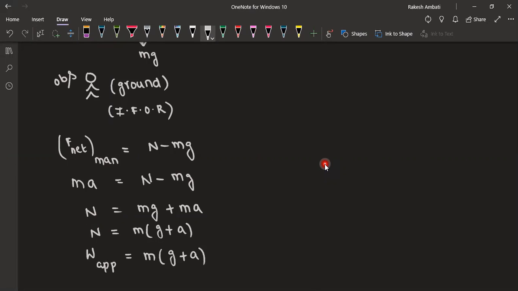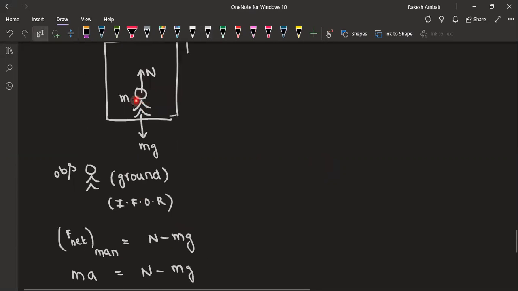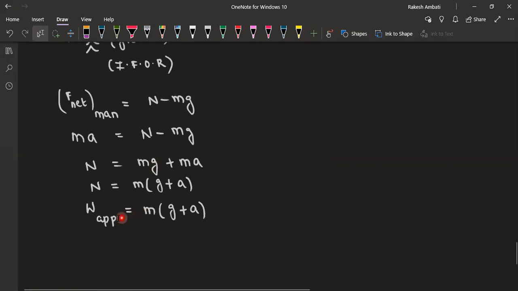So in this case, from this final equation, for the man of mass m, what about his true weight? His true weight is mg. But what is the apparent weight? Is it equal to mg, greater than mg, or less than mg? Greater than.